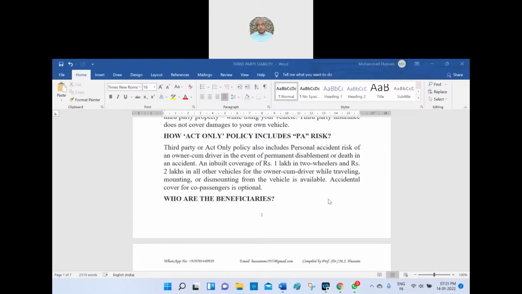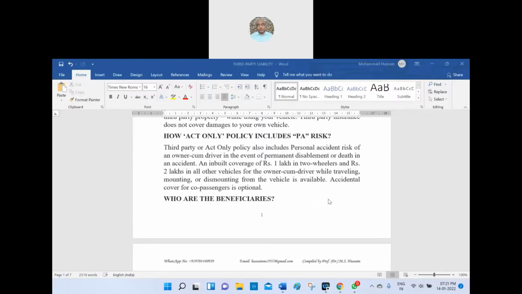So PA will be covered for the owner of the vehicle, whether driver or rider, whether he got the accident, the disablement, or the death, he will be covered under it.